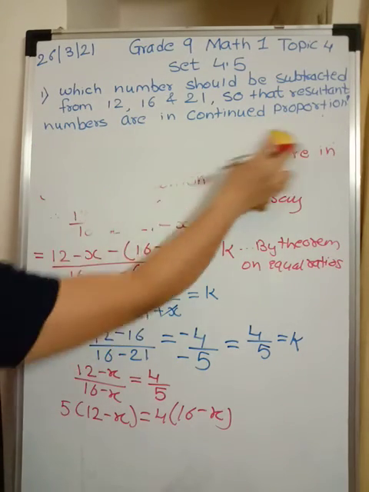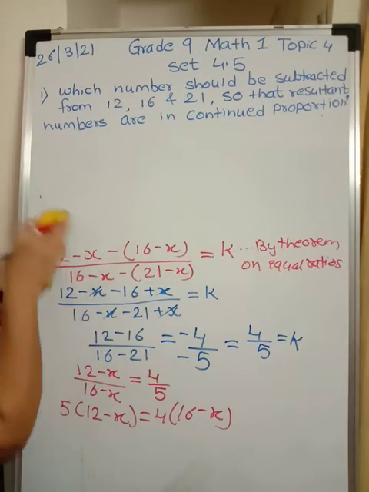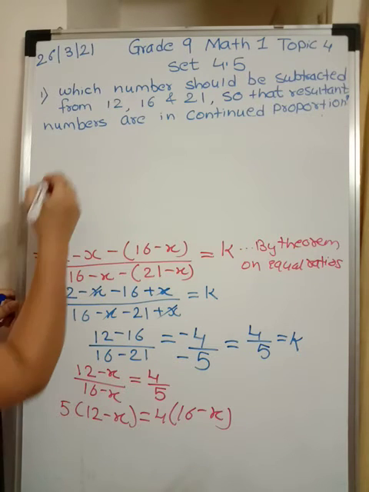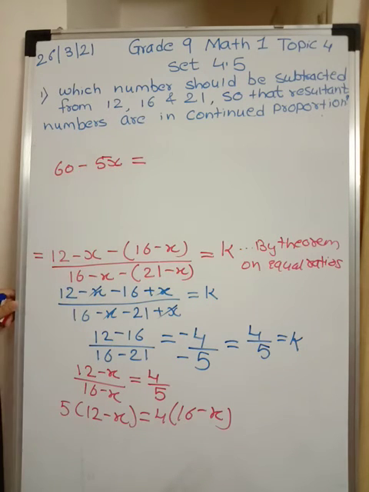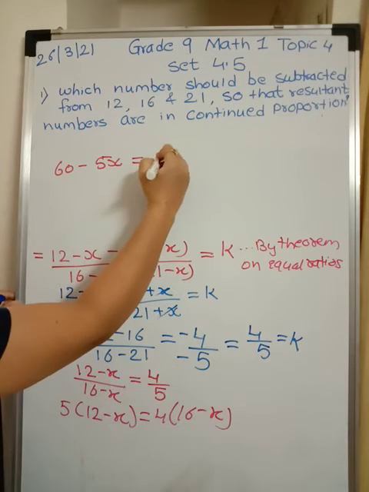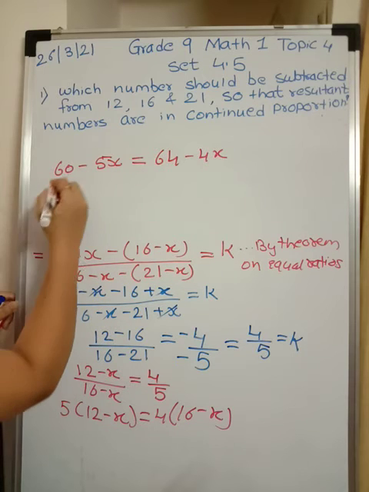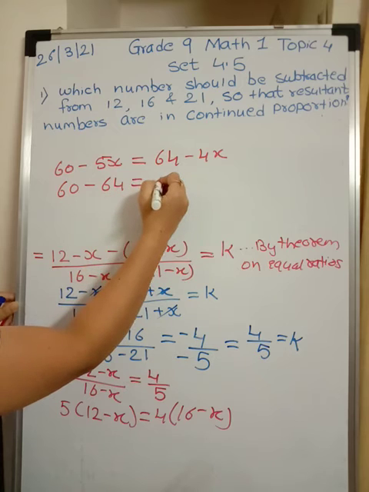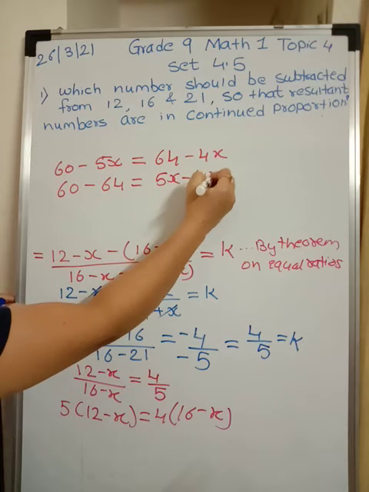Now how do we do? Just cross multiply. You get 60 minus 5x would be equal to 64 minus 4x. So I am shifting 5x over here and 64 over here. 60 minus 64 would be equal to 5x, minus will become plus, minus 4x.